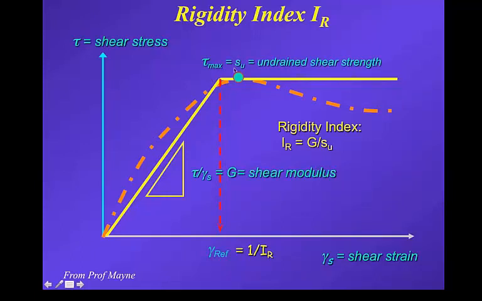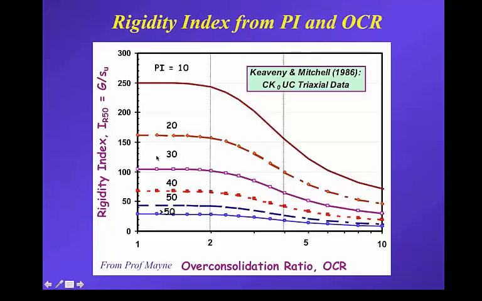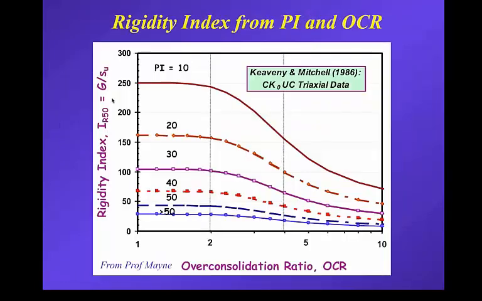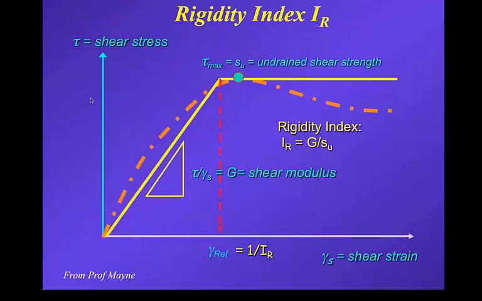Next question, G is at 1% and not a very small strain. Why 1%? No, I didn't say G was at 1%. I just gave the example and said if you looked at the definition of rigidity index, then Professor Mayne had quite nicely shown that the inverse of rigidity index is this reference strain, which, if it is a simple elastic perfectly plastic material, is where the material reaches failure.